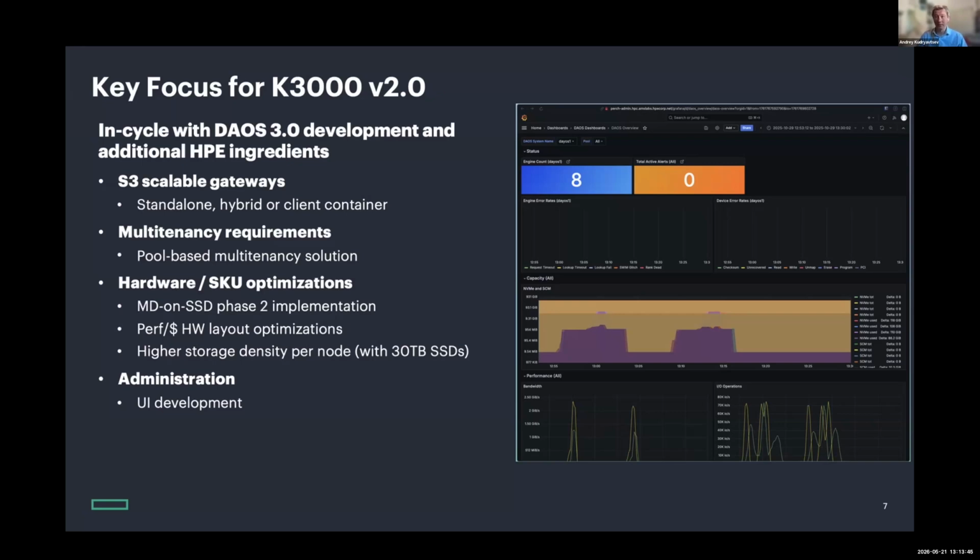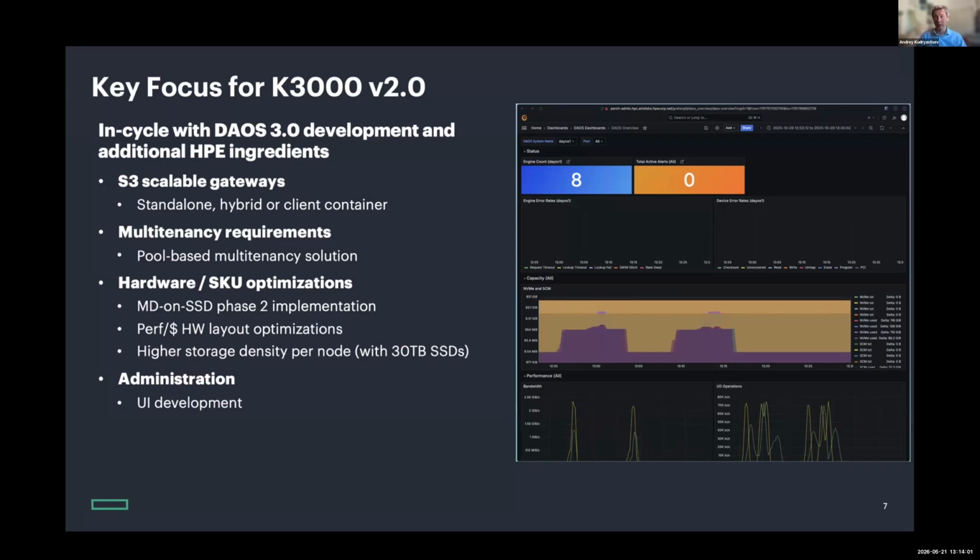Michael mentioned the work on the metadata on SSD phase 2 and how that could expand our hardware configurations. That is, of course, part of the K3000 as well.